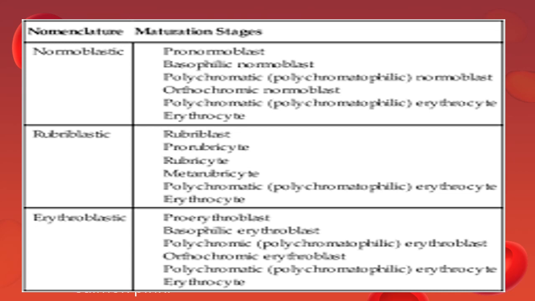So, for normoblastic, yung first stage natin is the pronormoblast. Sa other nomenclature niya, rubriblast, and then proerythroblast. Ayun, iisa lang yung tinutukoy nun, ibang-iba lang yung name. Okay, so be familiar with all the nomenclatures na lang.